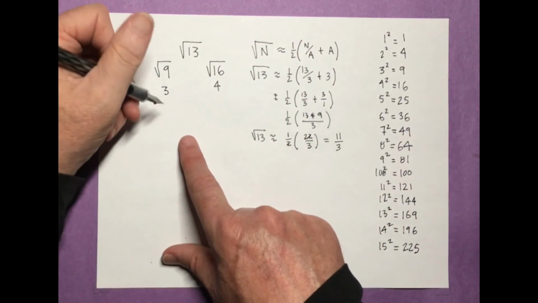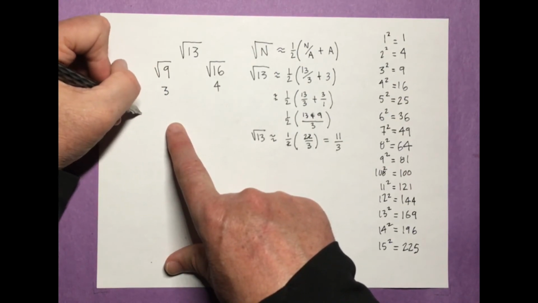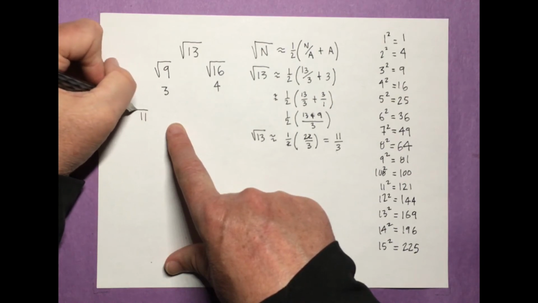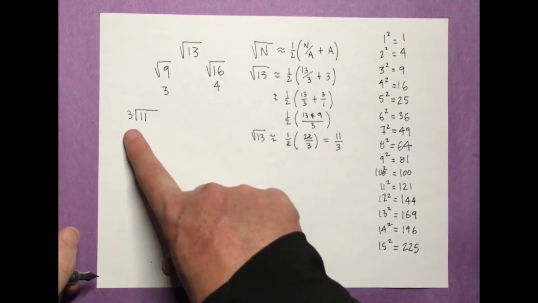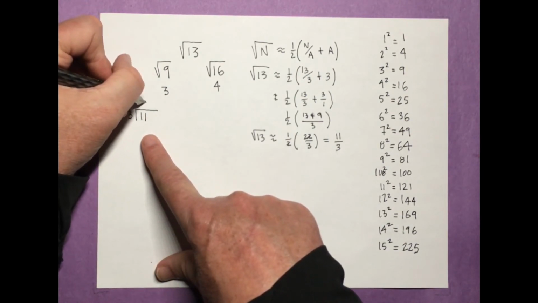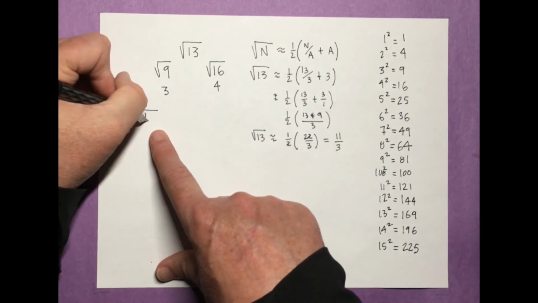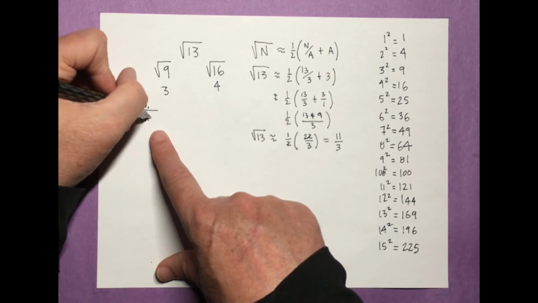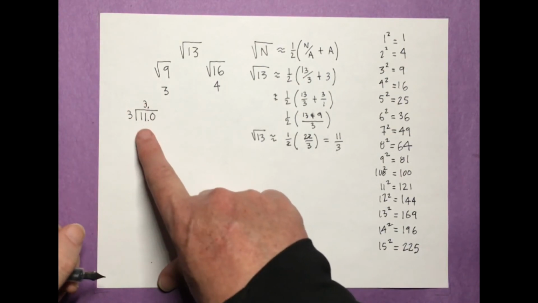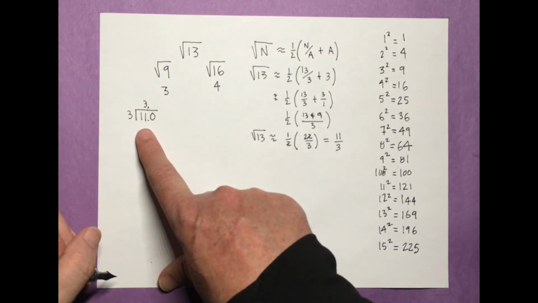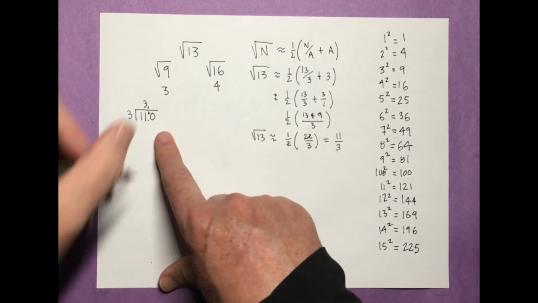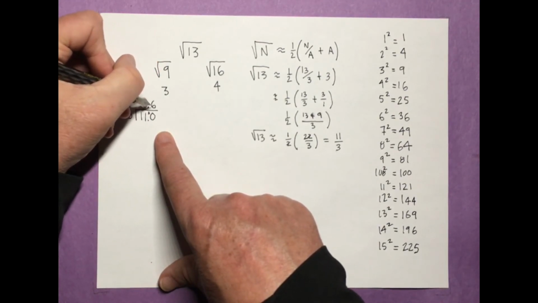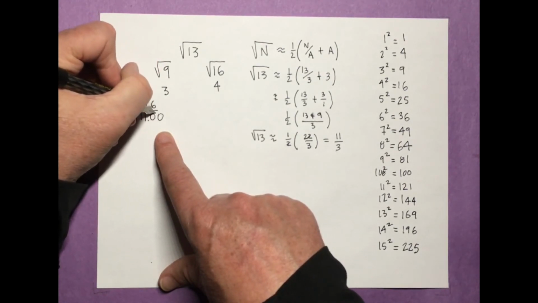Well, let's just see what 11 thirds is as a decimal. So we've got 11 divided by 3. Well, 3 goes into 11 3 times, and then we're already off into decimal territory. Let me add a decimal there, add a 0. So 3 goes into 11 3 times with a remainder of 2. 3 goes into 20 6 times with a remainder of 2.